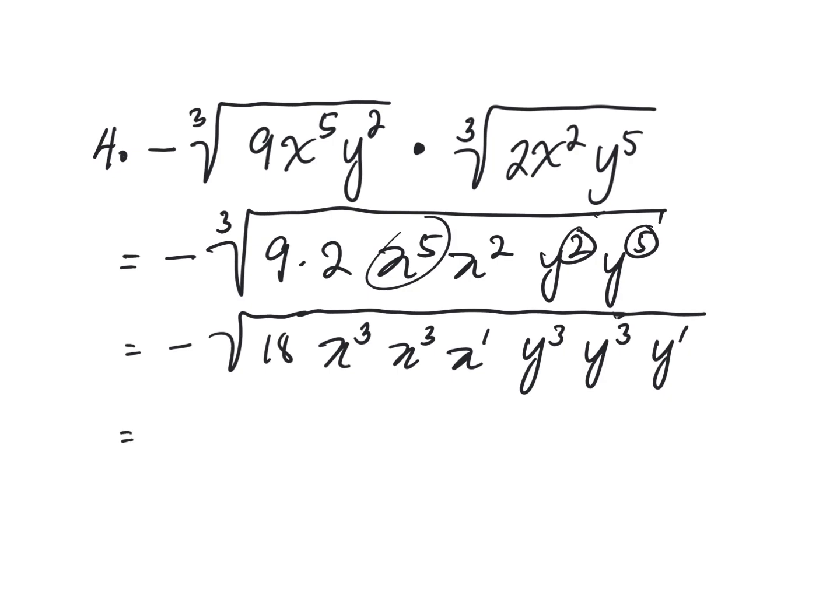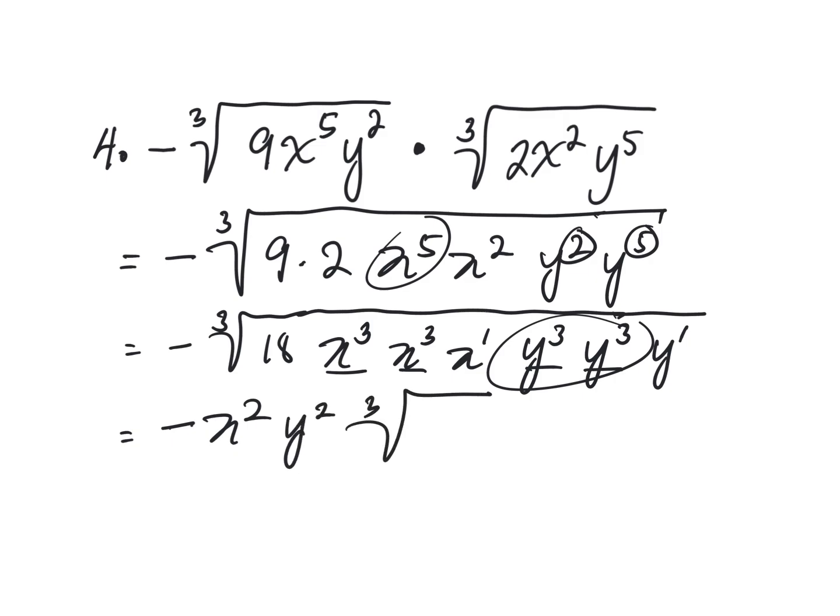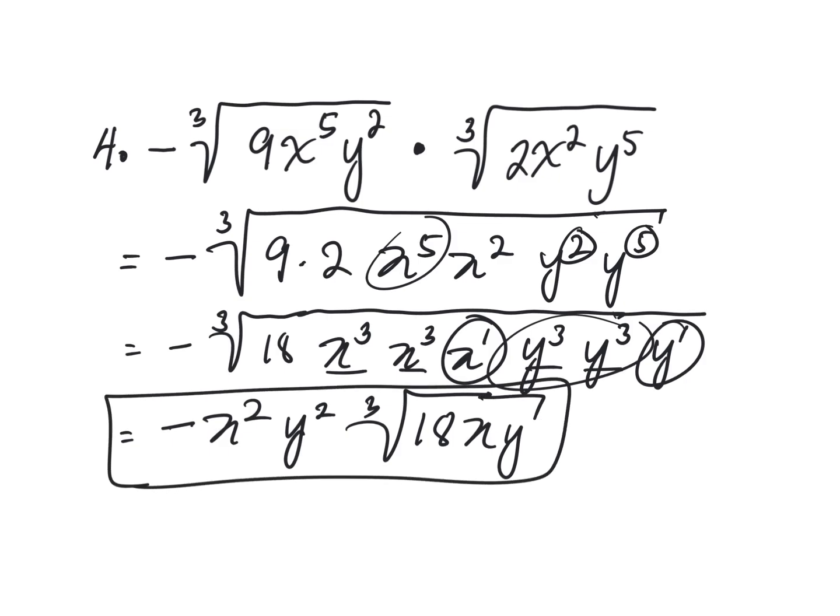Okay, so here we're going to let these out of the cube root sign. That's going to give you negative x. x and x is going to give you x squared. This one, y times y is going to give you y squared. And then the cube root of 18, x and y. Don't forget this one, x and y are still inside. Okay, so this is going to be our final answer.